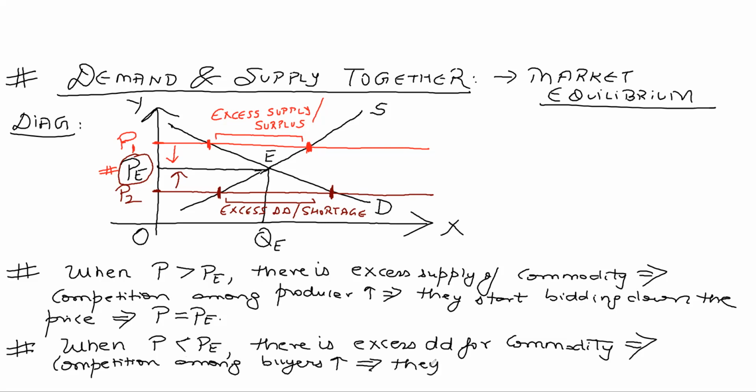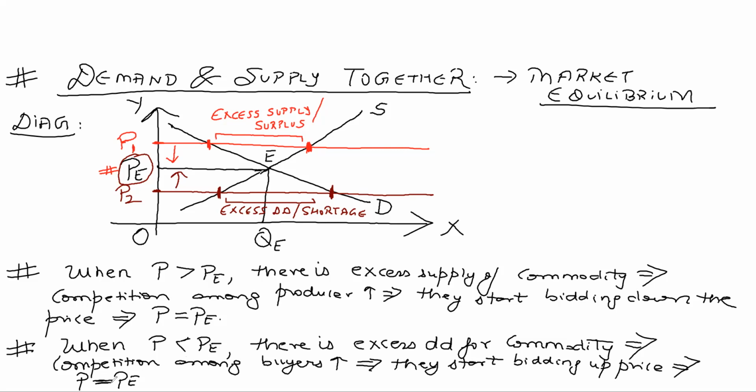They start bidding up the price, which implies price eventually will become equal to the equilibrium price. So hoping students have understood this.